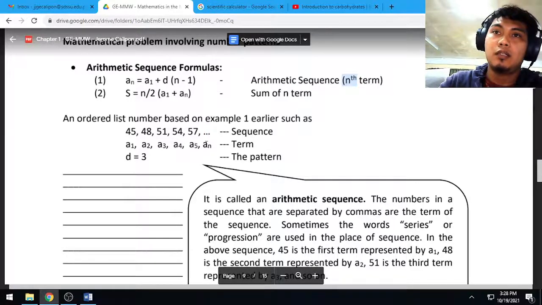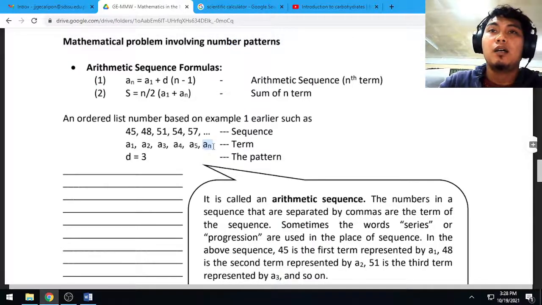Pwede natin sabihin A sub n or AN. Any style yan. Ibig sabihin ng n is kung ano pa yung mga kasunod na term. Sabi ko kanina, gusto kong kunin nyo yung pang 100 na term, so ibig sabihin yung n is equals to 100.